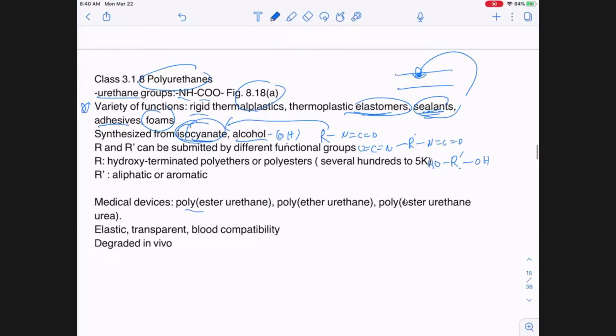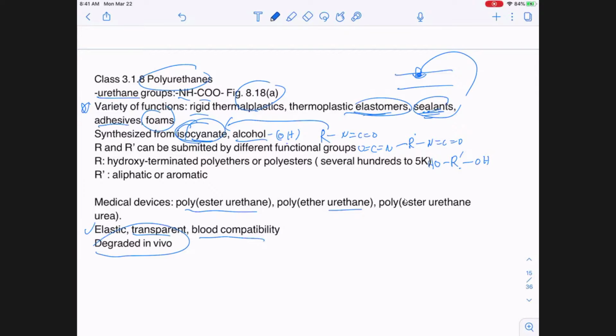So the medical device could be like a polyester urethane, a lot of things. So it could be elastic, transparent, biocompatible, with degradation in vivo. And you can also later make a hydrogel, and for heart valve, and for brain tissue. But gelatin MA is one of the popular for brain tissue because it's very soft.